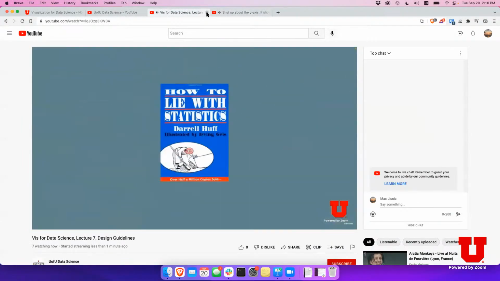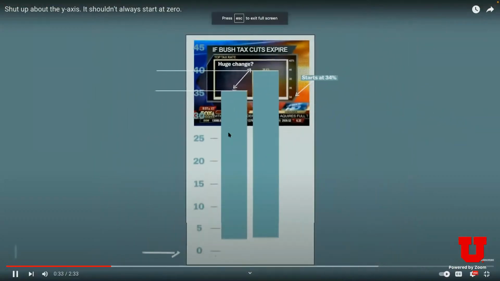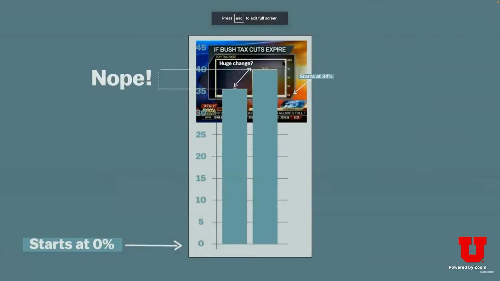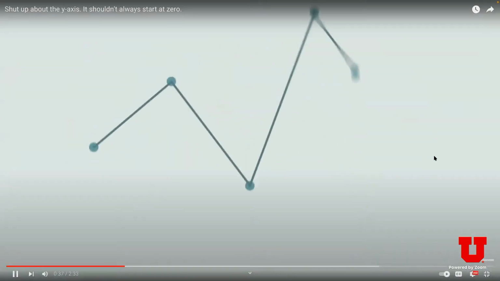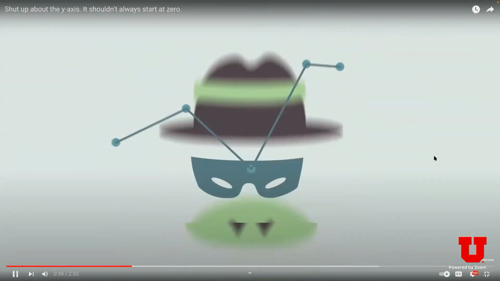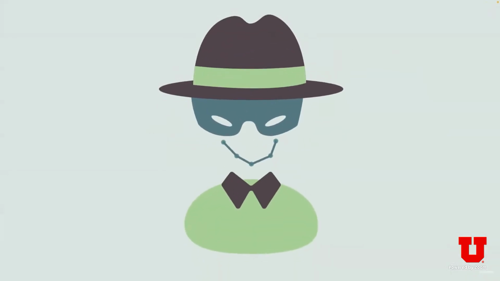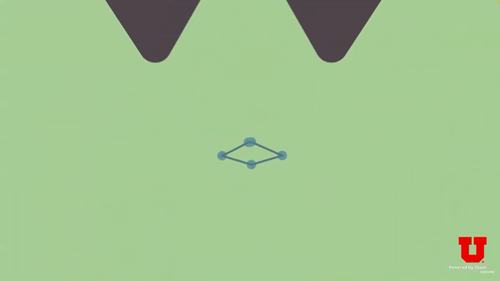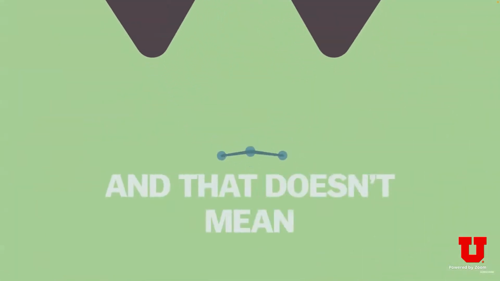Fox News, for example, it's a total disaster. But the y-axis dogmatists take it way too far. The big problem with the people who lie with statistics is that they're lying to you. It's true that misleading charts are one way to lie, but the English language is also a tool that can be used for lying, and that doesn't mean we should never speak English.